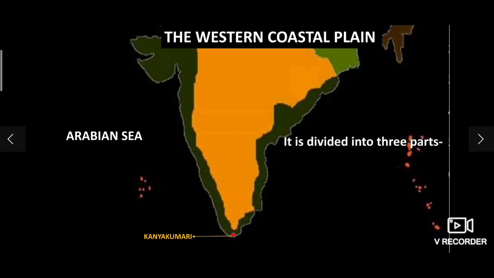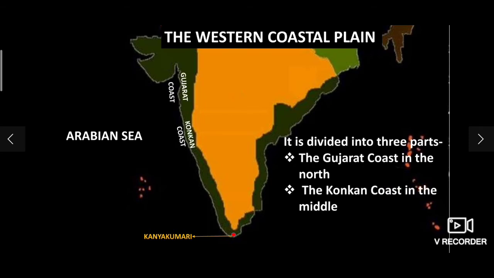It is divided into three parts: the Gujarat coast in the north, the Konkan coast in the middle up to Goa, the Malabar coast in the south from Goa to Kanyakumari.